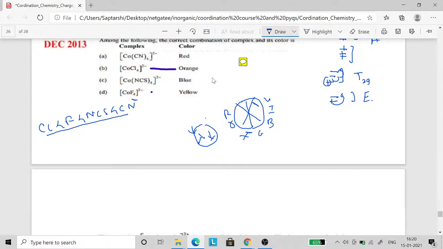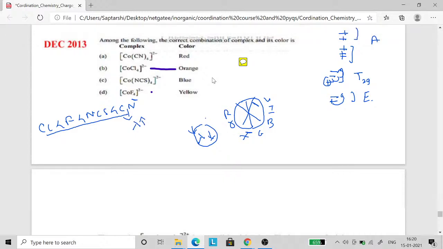Because this will have the highest wavelength, right? Highest. So this will have the highest energy, so lowest wavelength.